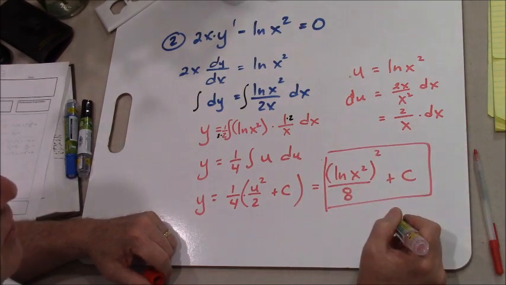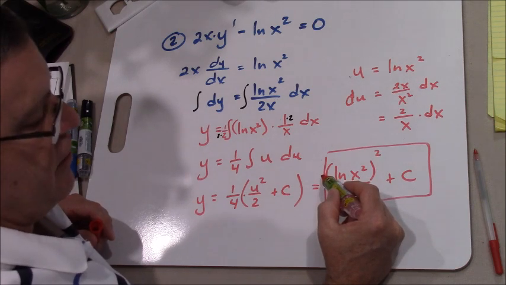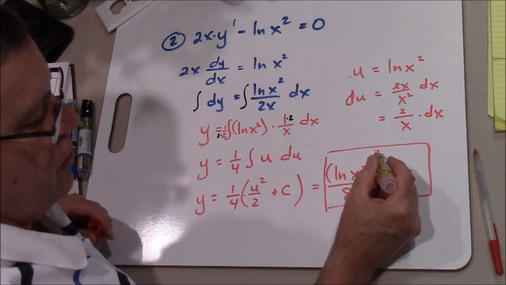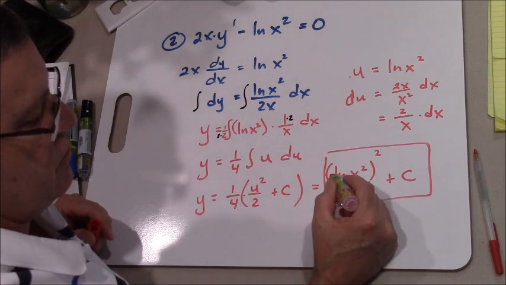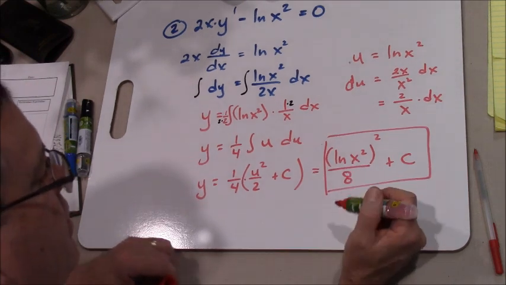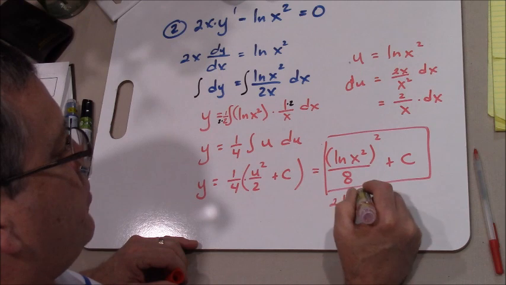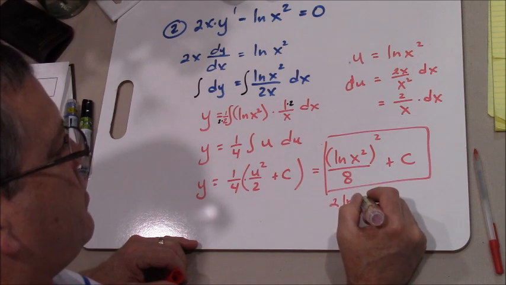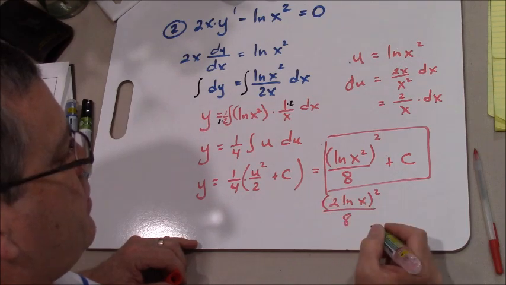There's my solution to the differential. You can't bring this 2 down in front and simplify further because that 2 is not part of what we're taking the natural log of. I could bring this 2 down in front. Actually, that might be a good idea. If I did that, I would have 2 natural log of x, squared, over 8.